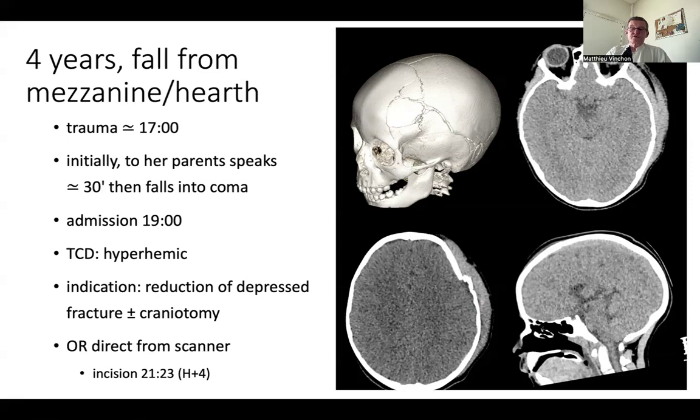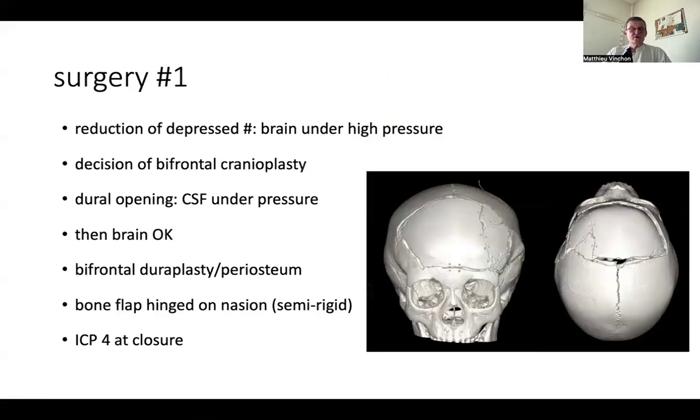At that time, the transcranial Doppler showed hyperemia, and on the CT scan, we saw a depressed fracture, and we decided to do a reduction of the fracture. But we also anticipated to do a decompressive craniotomy. And this is how it went. When the depressed fracture was reduced, we found that the brain was under high pressure.